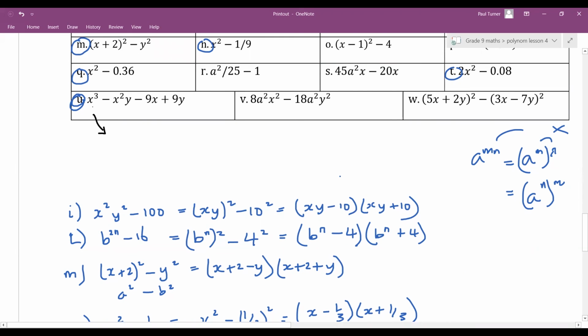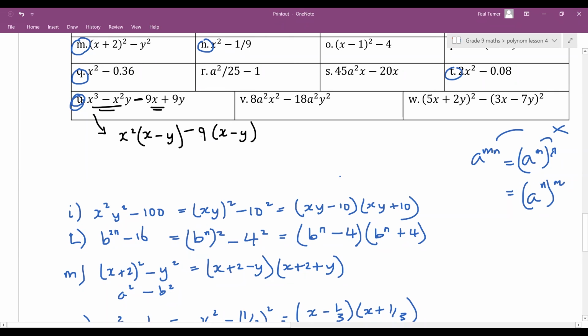So again, we have 4 terms. So it's telling you probably you need to look at the grouping method. So x cubed minus x squared y. x squared is a common factor. Take it out, then you'll be left with x minus y. Bring your sign down, minus. 9 looks to be the common factor, and this will be x minus y.